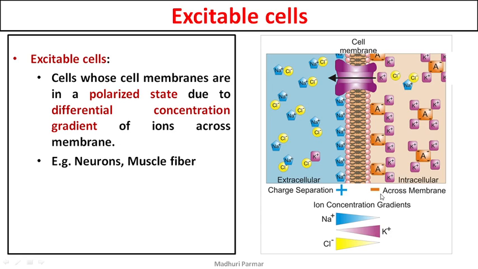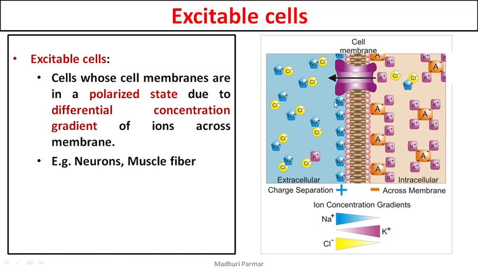Here you can see that there is a charge separation across the membrane, so this membrane can be called polarized. In simple words, it means on one side there is negative charge and on the other side there is positive charge. Clear? So you can say this is the positive pole, this is the negative pole. Like this, polarized.